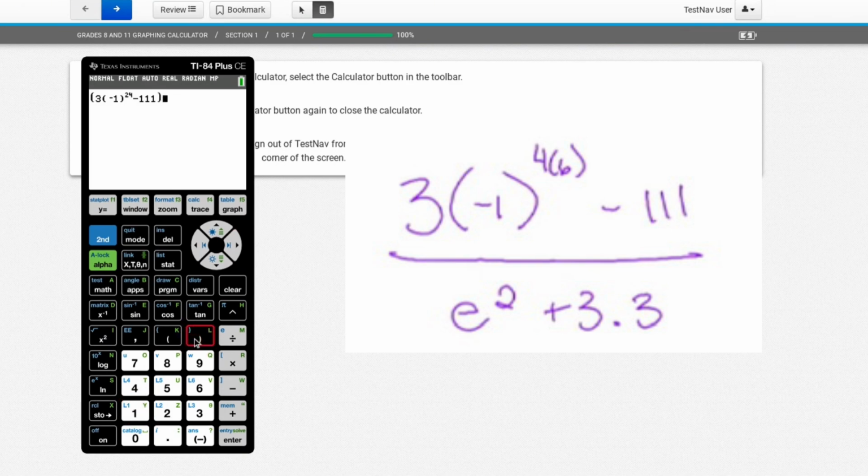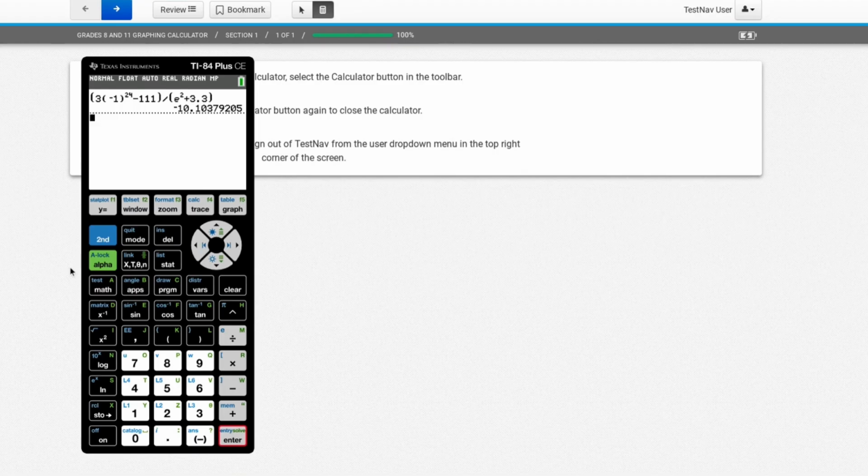Close that parentheses. Divided by, open parentheses, e squared, plus 3.3, close it, and we get negative 10.1037, so negative 10.104.